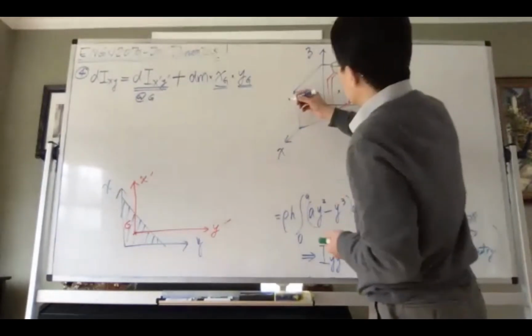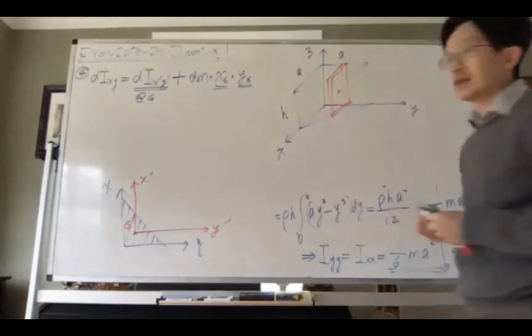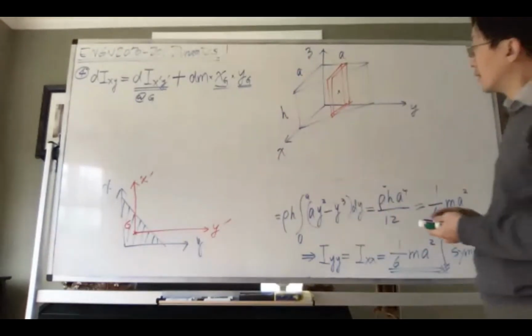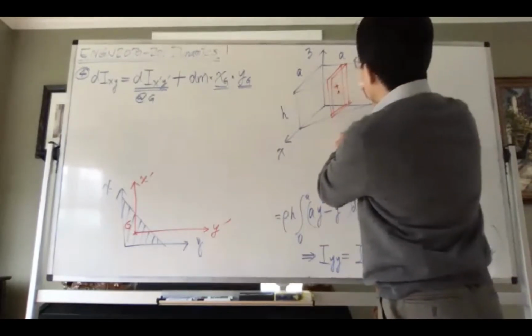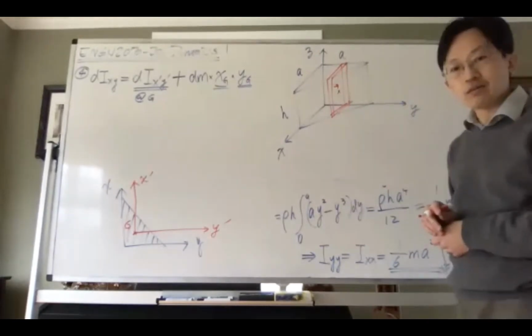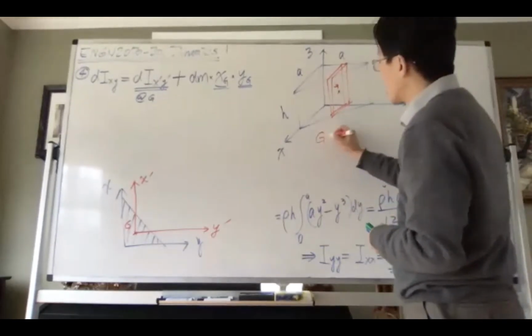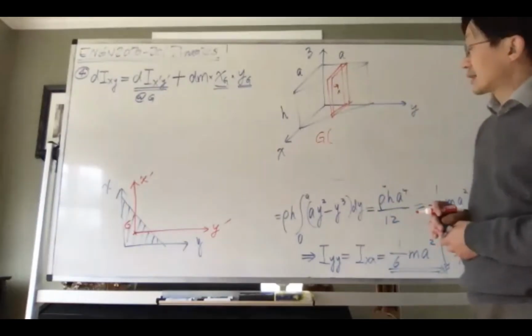So we know this is h, this is a, and this is a here, respectively. And the center of gravity for this unit strip is right here. So what is the coordinate of this center of gravity? The coordinate of the center of gravity on the x-axis is what? On x-axis.